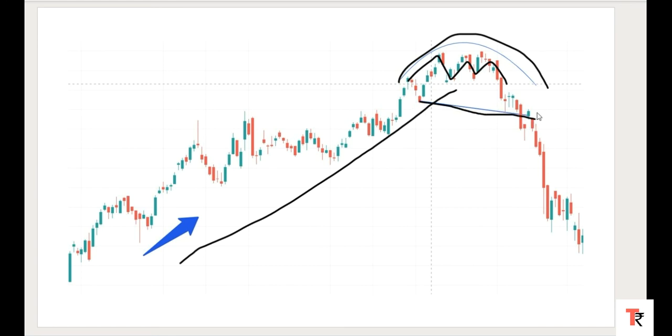You can find the neckline because this is the first bearish point, and after that you can find it here. After the price broke this neckline, you can see the stock moving down. So this is an example of a rounding top.